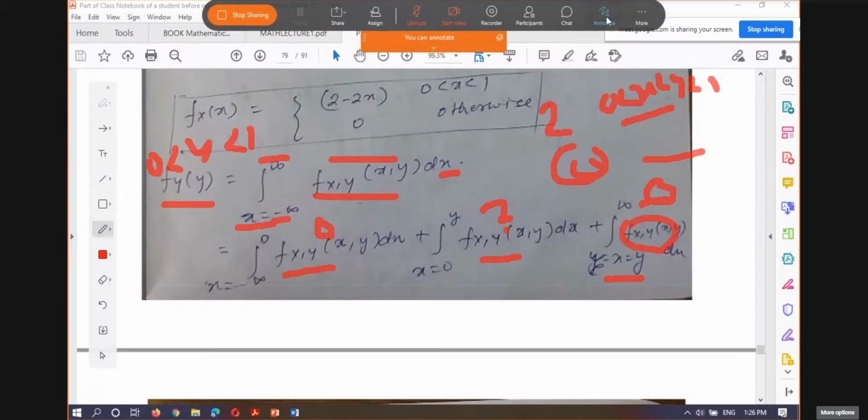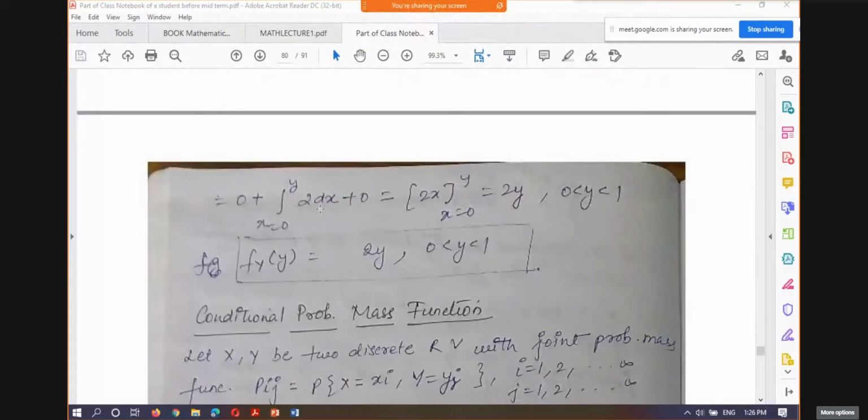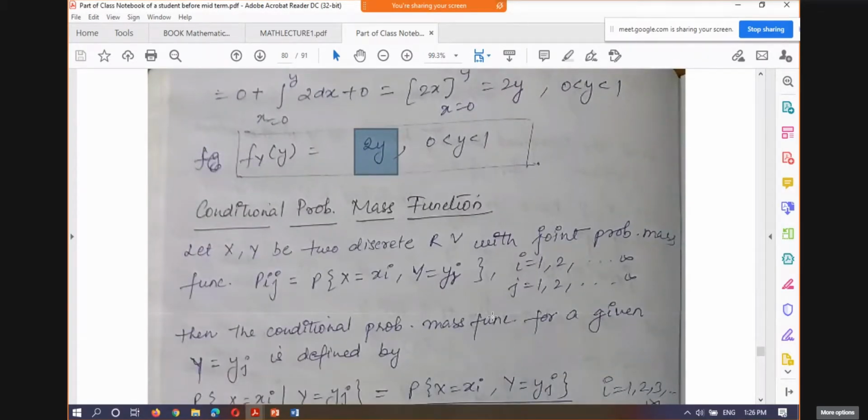For the 2 value, its integration is 2x, then after substituting the lower and upper limits you will get 2y. So this is the way we calculate the marginal density function from the joint density functions.